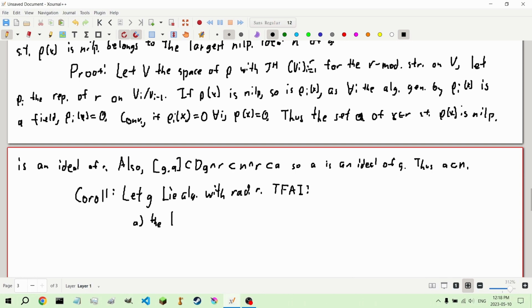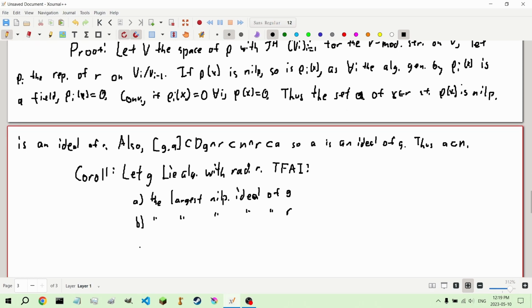A: the largest nilpotent ideal of G. B: the largest nilpotent ideal of R. C: the set of X in R such that the adjoint in G of X is nilpotent.